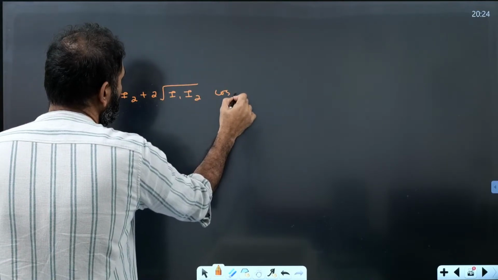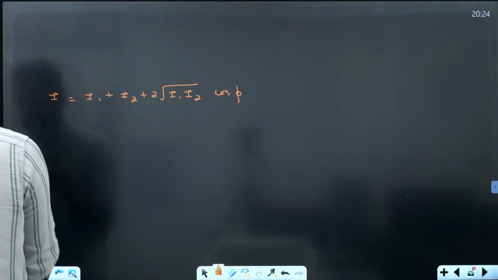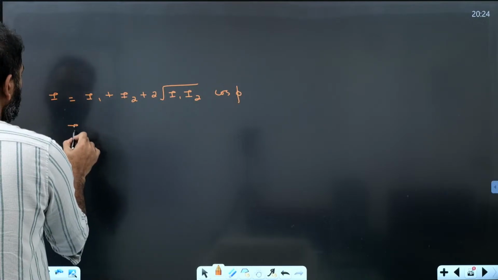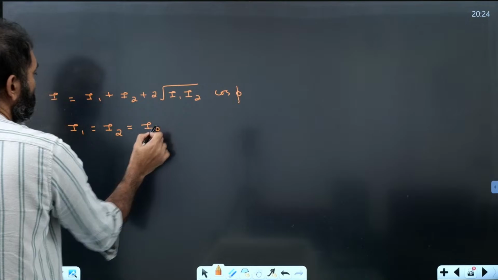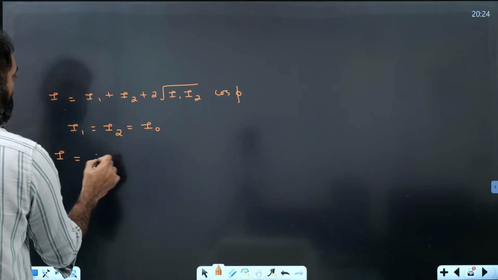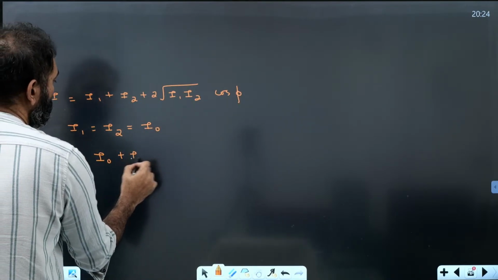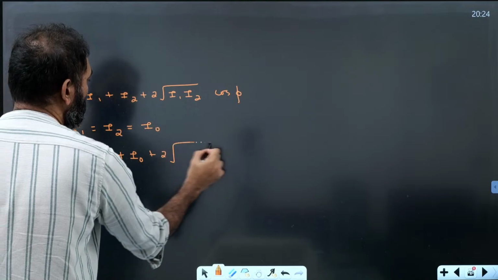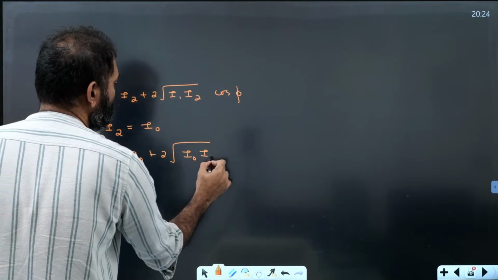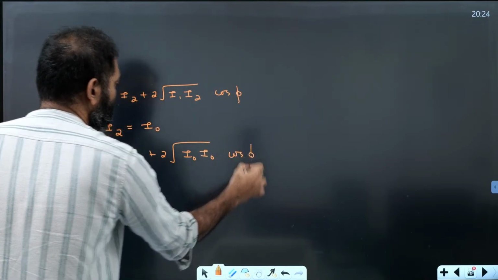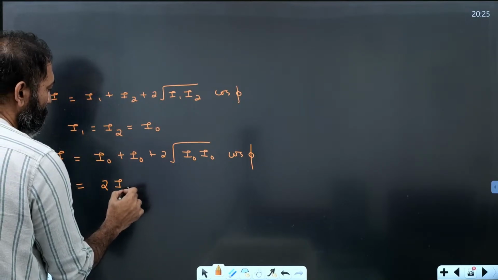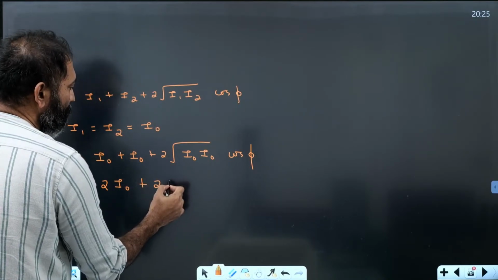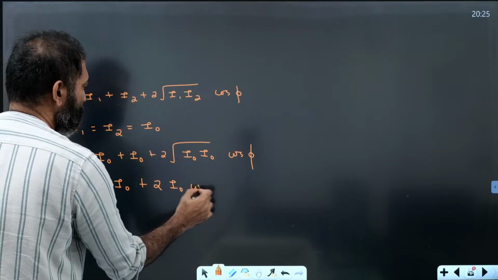If you substitute I1 equal to I2 equal to I0, what you will get? I is equal to I0 plus I0 plus 2 I0 cos phi, so I is equal to 2I0 plus 2 I0 cos phi.